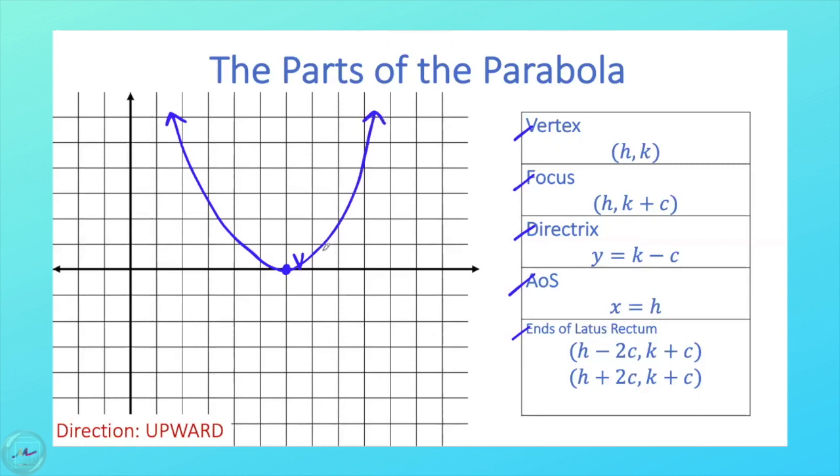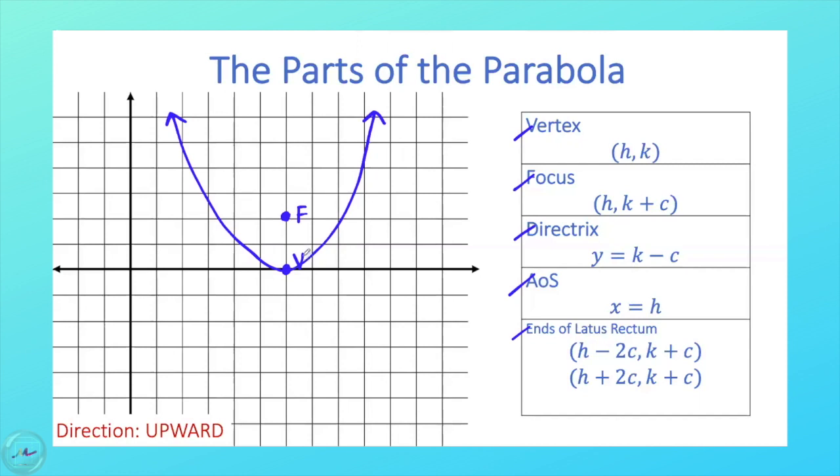Okay, and since it's going upward, the focus will be placed here. So ang magandang clue sa focus, kung ano yung direction ng parabola, yun yung sinusunod niya. If it faces up from the vertex, it goes up. If it faces down from the vertex, it also goes down.